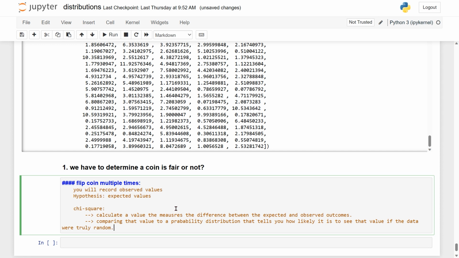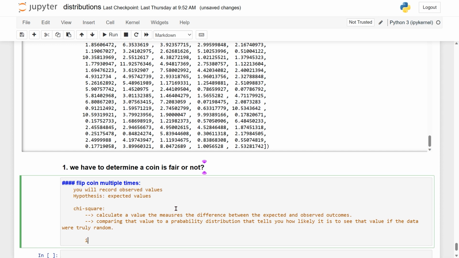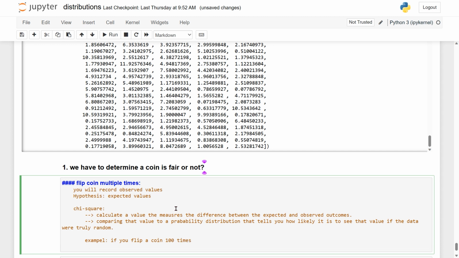So that's it. For example, if you flip a coin 100 times, let's take it as 100 times. That's the trial. My expected values for heads is equal to 50, and for tails is equal to 50, because my hypothesis is this is a fair coin.